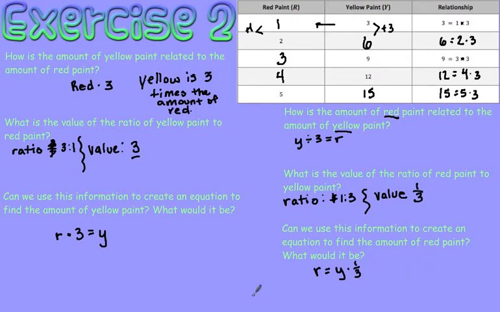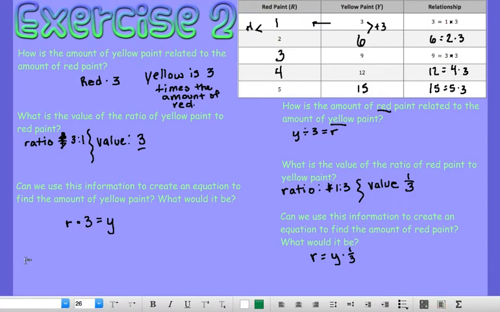Okay, and we can also use our statements. We said red is 3 times the amount of yellow because we have 3 as our value.